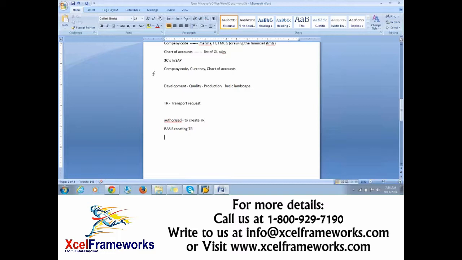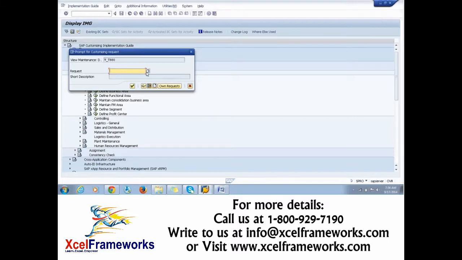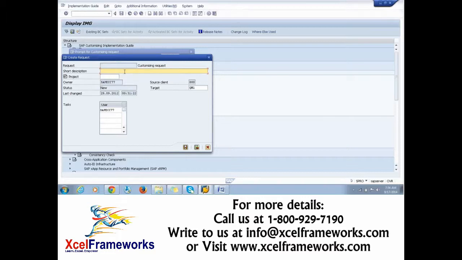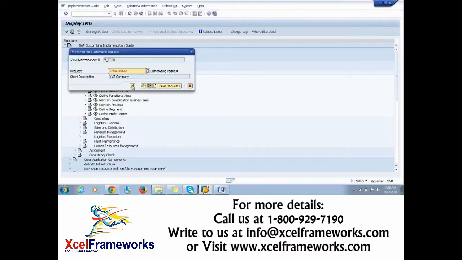But because this is IDES, you can create the TR for yourself. Now go to this button, create request, and give XYZ company. This is for identification purposes. Save and say continue.